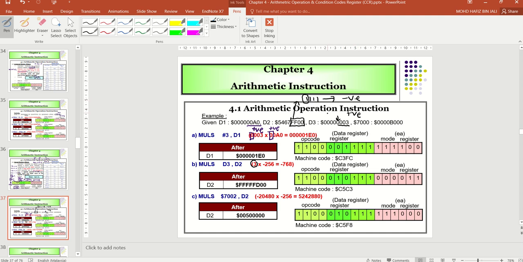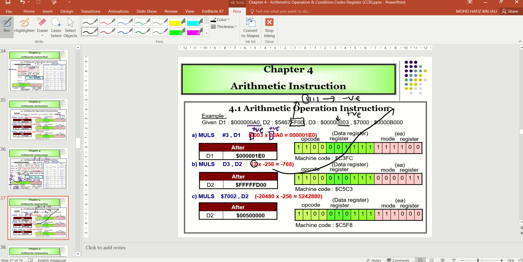Okay, so for a negative value, the sign extension rule says you need to fill up the rest with FFFF. But I will not use this technique, I will use another technique. This is D2.